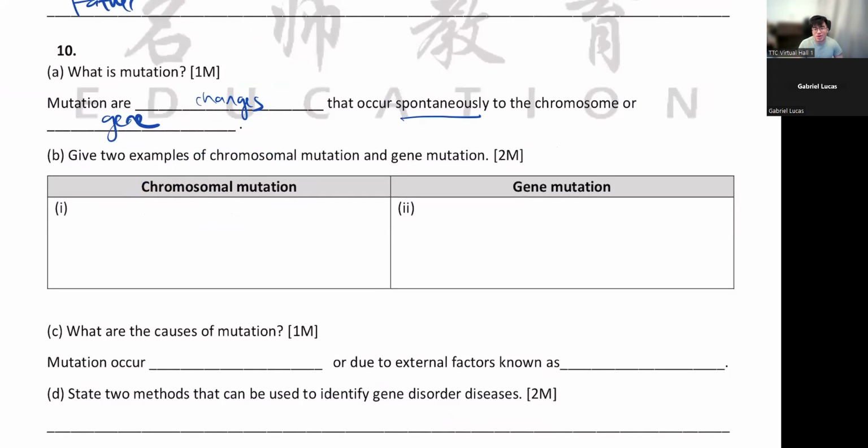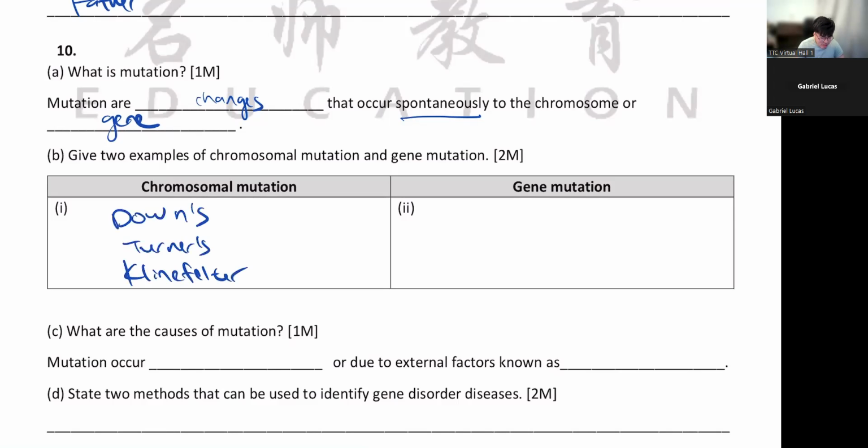There are three types of syndrome here. I'll give you tips already. There's Down syndrome, and then there's Turner syndrome, and then there's Klinefelter syndrome.